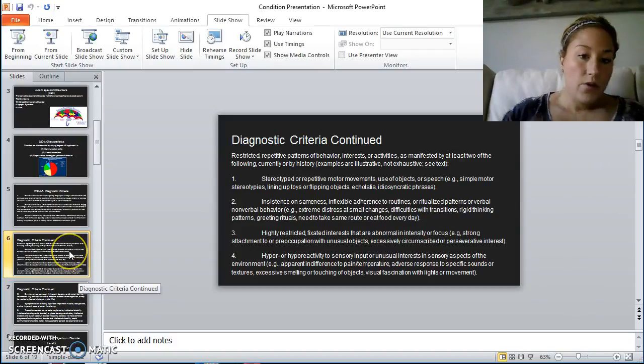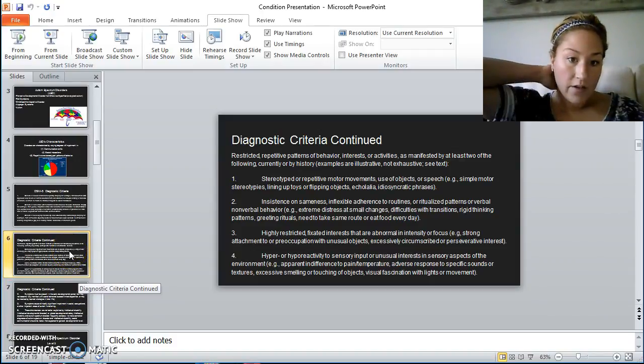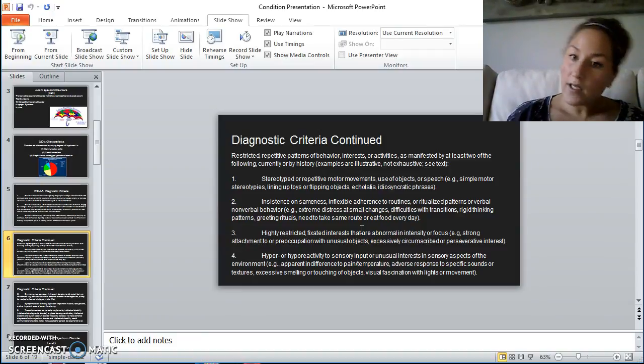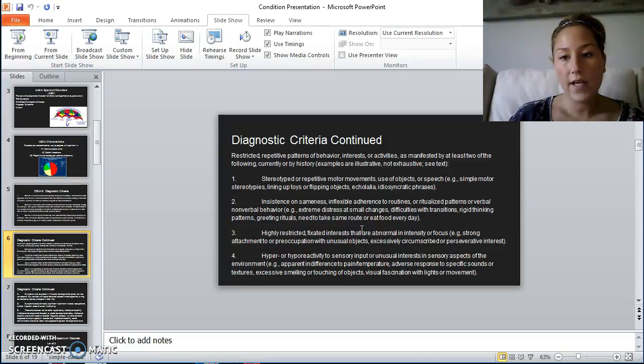The diagnostic criteria also include repetitive motor movements, as well as different routines, which is part of the transitioning. They have a hard time understanding going to the food store or going shopping. They have tantrums and meltdowns.